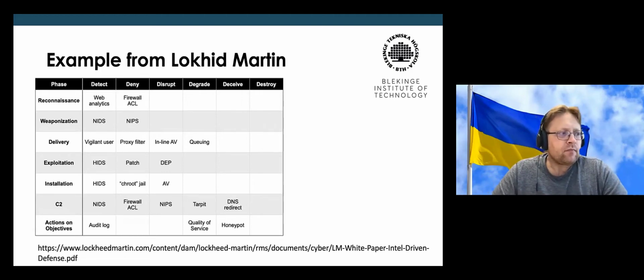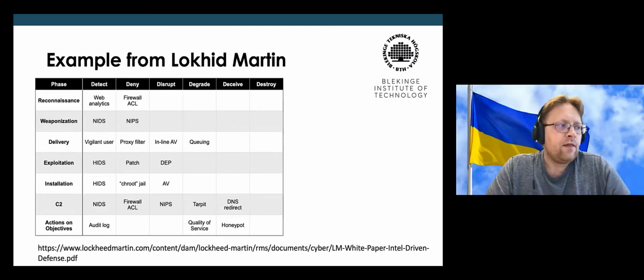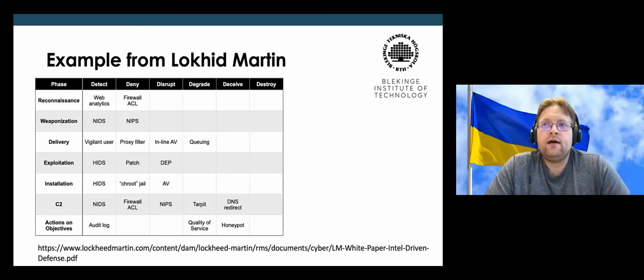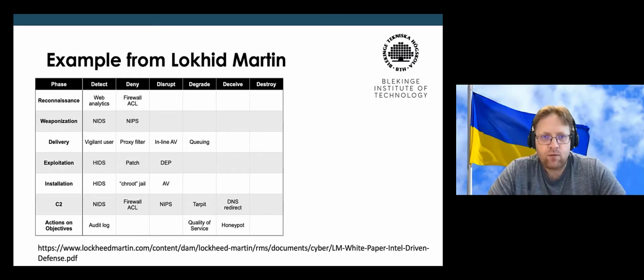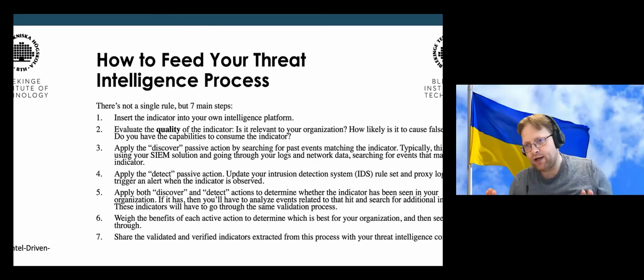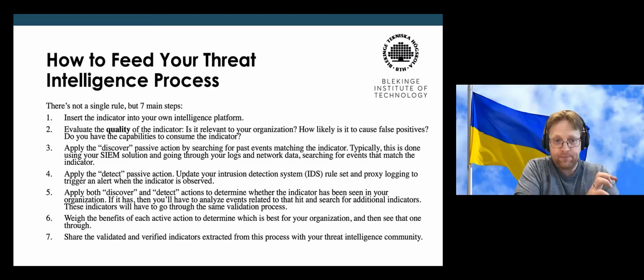All right. So how could we tune our threat intelligence and threat hunting process by improving the lifecycle of indicators of compromise? Take a look. There is really no silver bullet or golden bullet, but we have 7 steps, mostly focused on detection and discover.